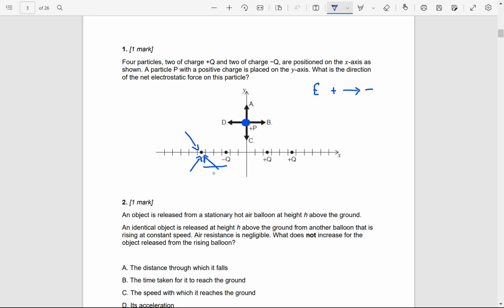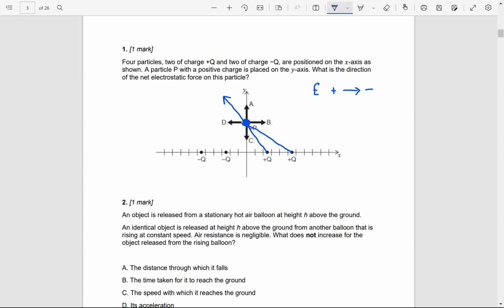And so what we need to do is isolate the direction that passes through P each time. For example, if I take this one here and cross it through P, like that, we know that charge goes from positive to negative, so the field line is through that direction. So if it was just this charge, P would move along that line there.